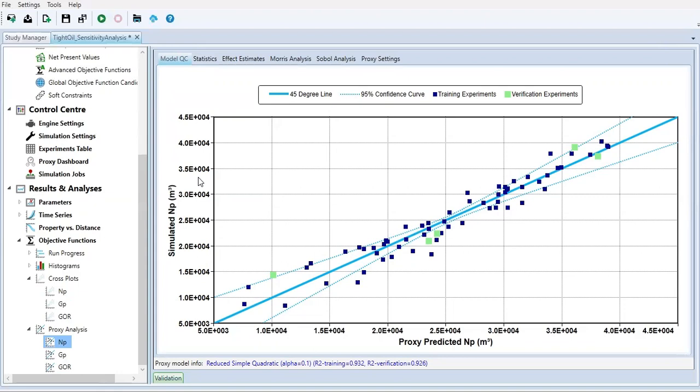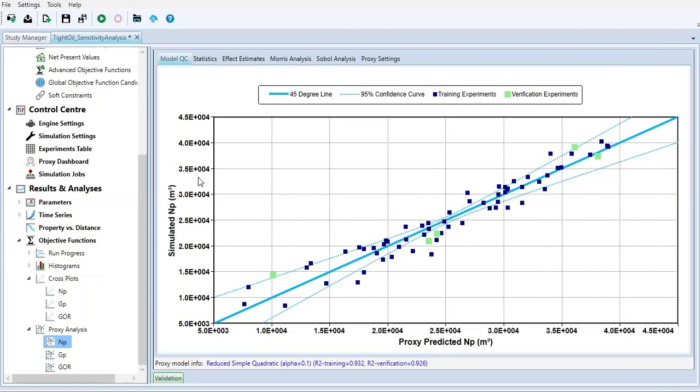So as a result, we can use the proxy model because it will help us to predict more quickly. You can get the equation from the proxy model as the objective function to predict the cumulative oil production without doing the simulation.